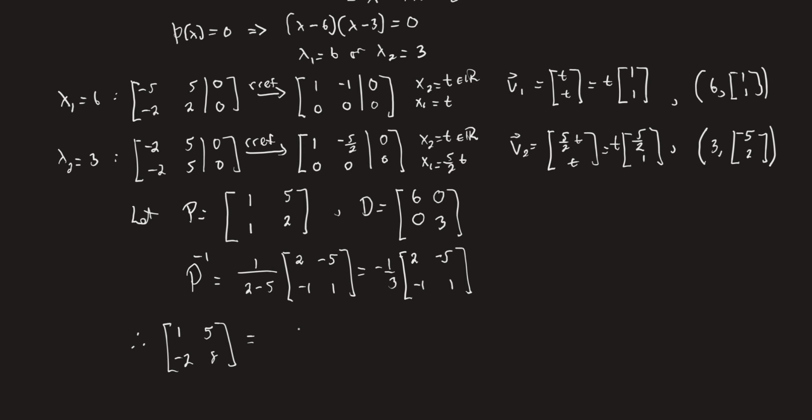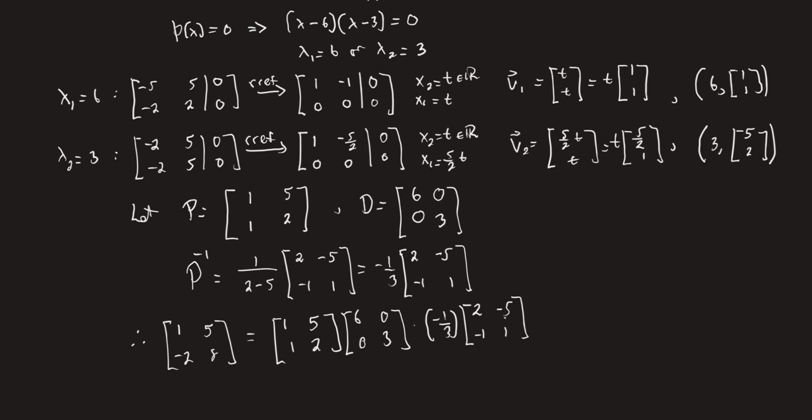The original matrix is going to be P, so it's going to be 1, 5, 1, 2 times the diagonal matrix, which is 6, 0, 0, 3, and then times the negative 1/3 times the 2, negative 5, negative 1, 1.